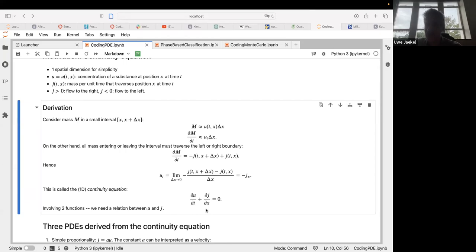This looks like a partial differential equation, but actually you would not call this one, because there are two unknowns involved. So we have two unknown functions. What we further need is a relation between u and j, between the concentration and the flow.